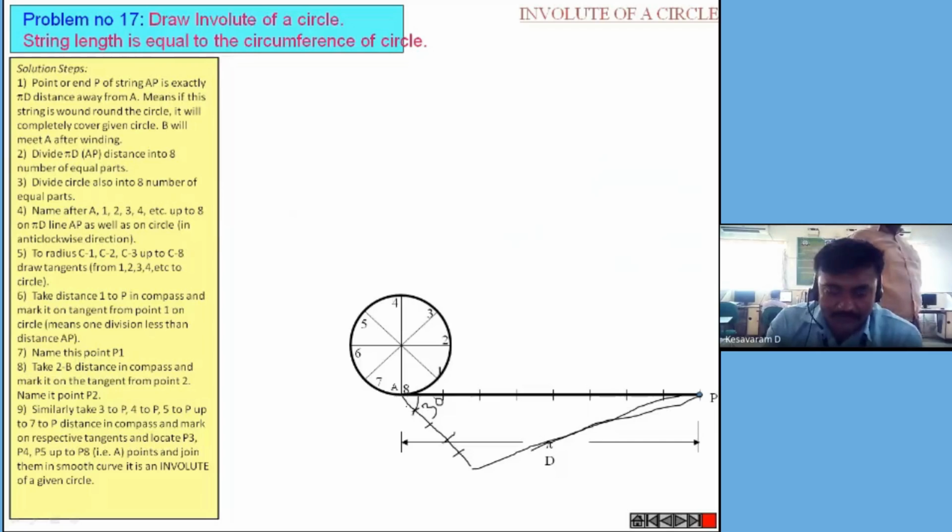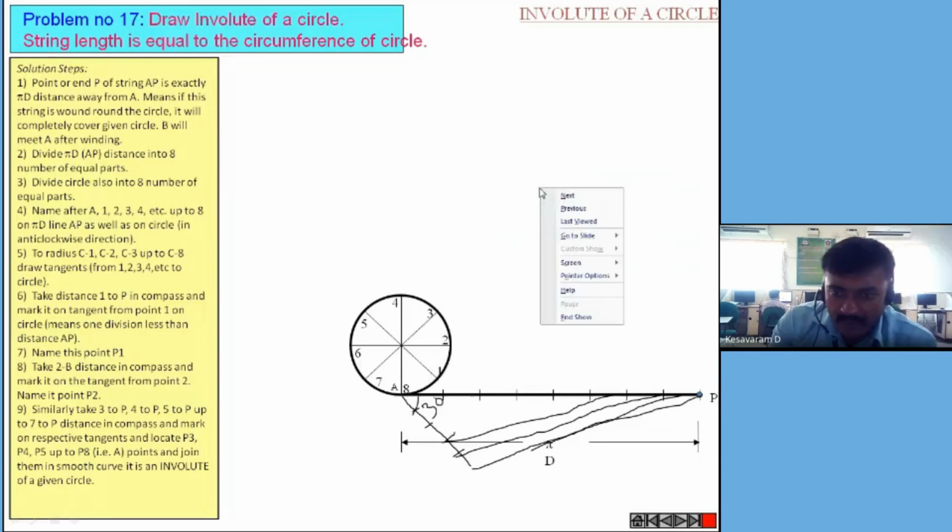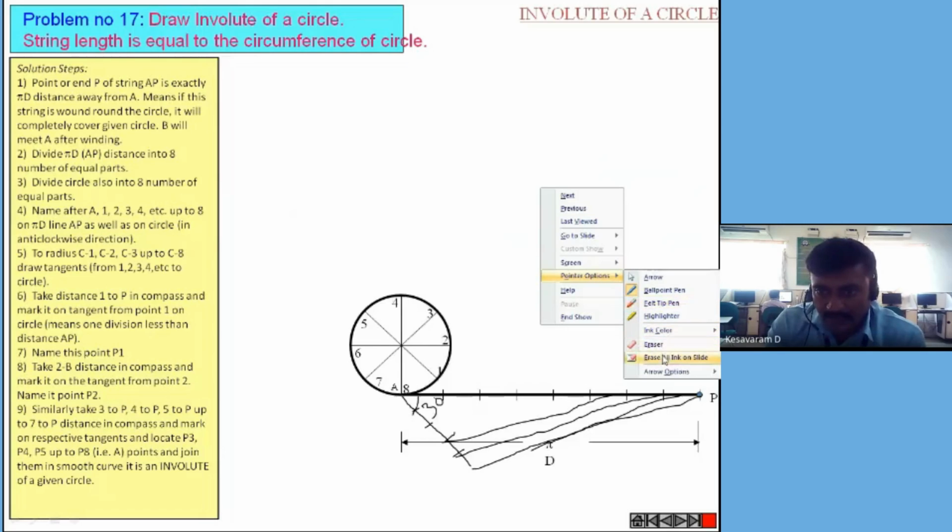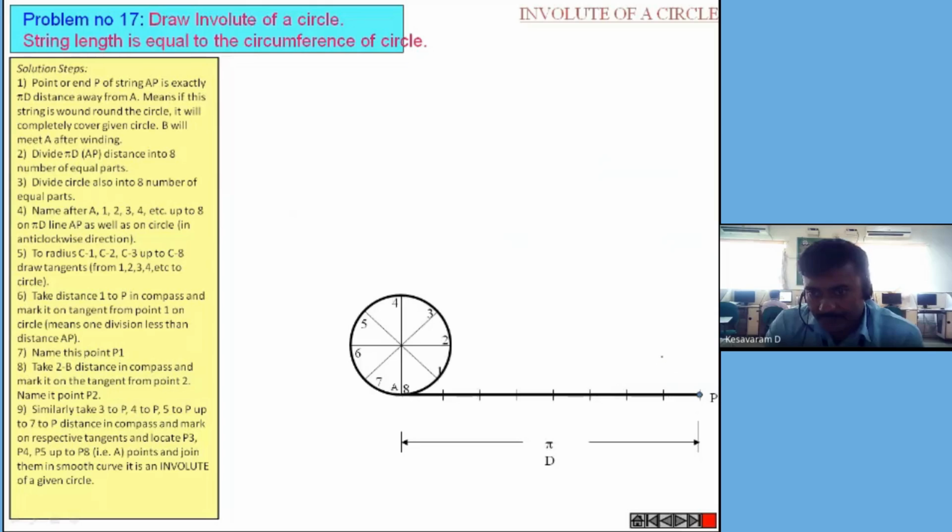Okay, likewise you can divide the line into 8 equal parts. 1, 2, 3, 4, 5, 6, 7, 8.